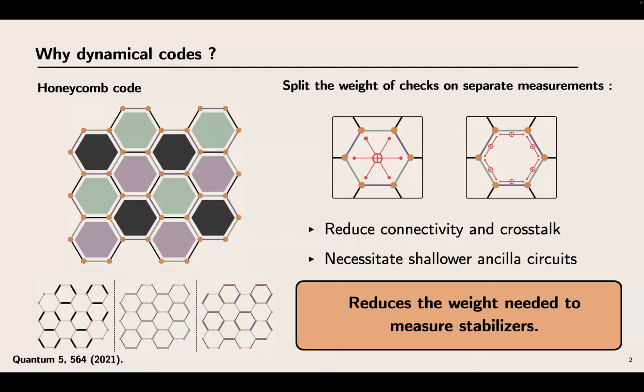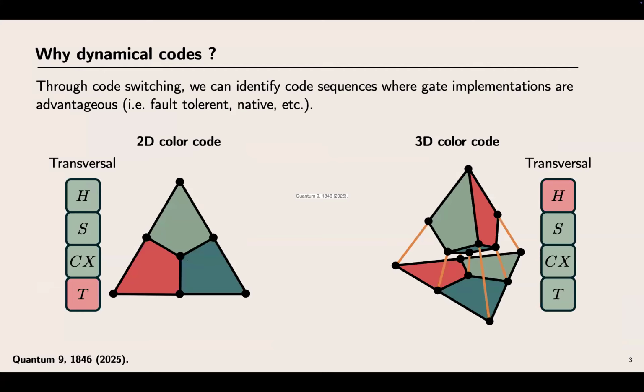Perfect. All right. So yeah, using this sequence of measurement, actually we can reduce the weight of the stabilizer that we need to measure. And so we introduce less errors in general using these shallower circuits. So this could be an advantage in general for dynamical code. Another example of how we can get advantage is actually by switching codes.